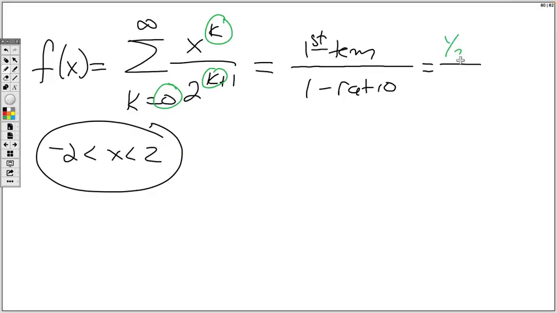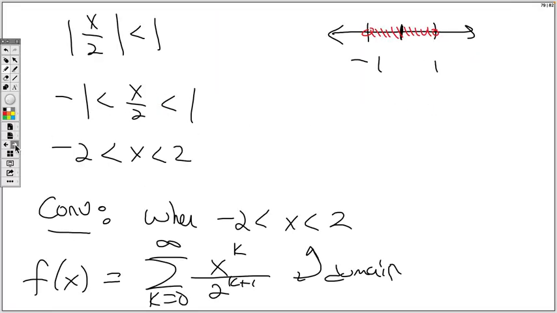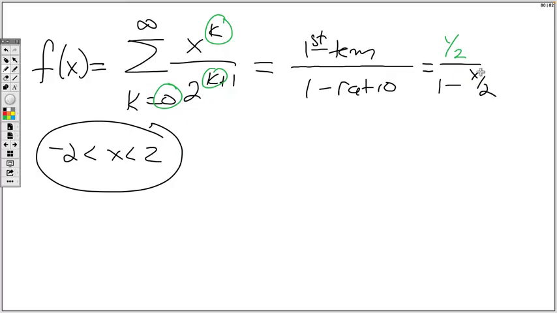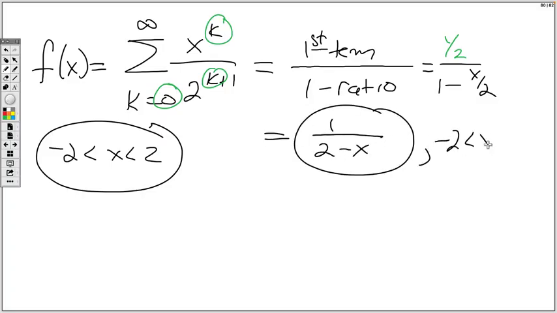So I get a 1/2 there in the numerator, over 1 minus the ratio. The ratio we worked out to be x over 2. So if I go through my gymnastics here, multiply everything by 2, I get a 1 over 2 minus x for x between -2 and 2.